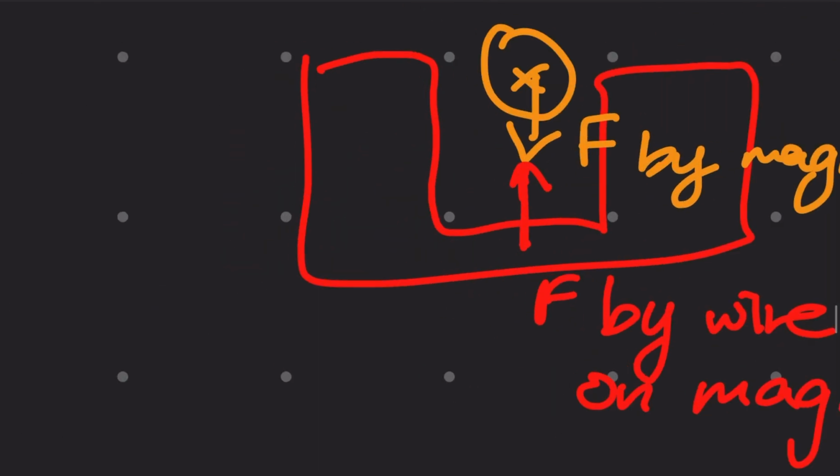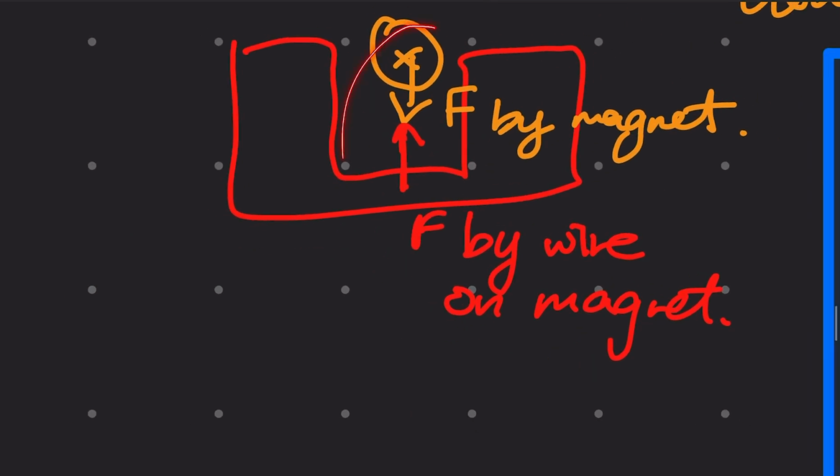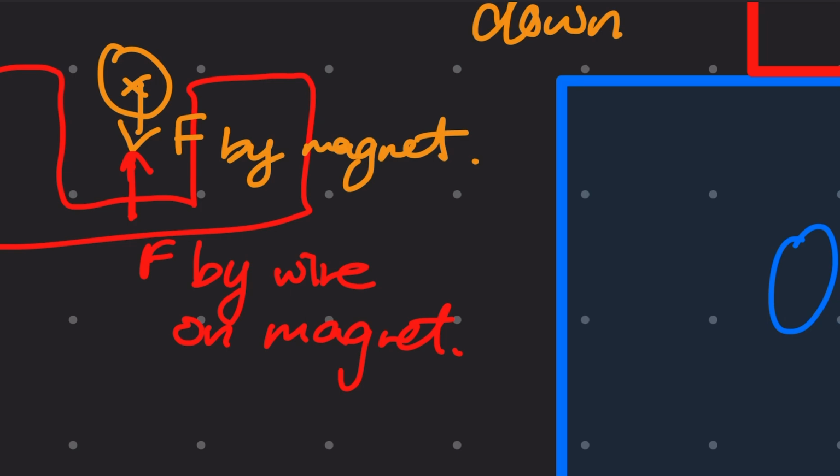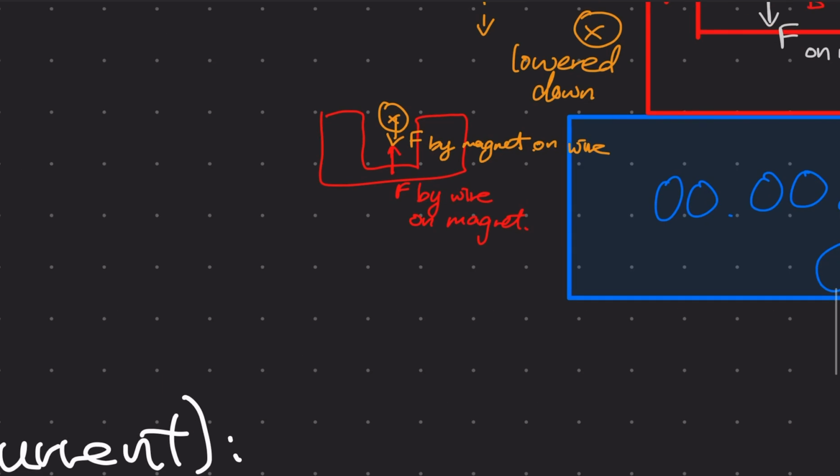So this is interesting. Although I've seen people think of this like the F by magnet on wire and the F by wire on magnet, people say this is a normal action-reaction pair, which is true, but well, maybe it's not true, but I'll talk about it later.